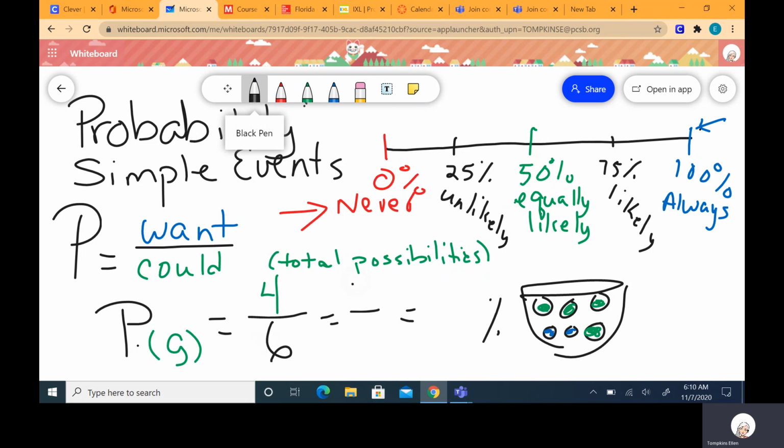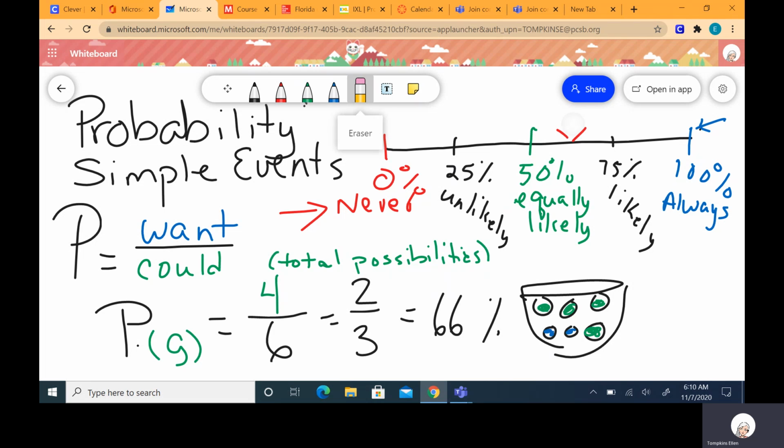So now we're going to reduce that to thirds, and that's going to be 66%. Looking at my scale here, my little number line, 66% is right about here. So is it never, unlikely, equally likely, likely, or always? Well, it's right in between, so it's skewing towards likely.